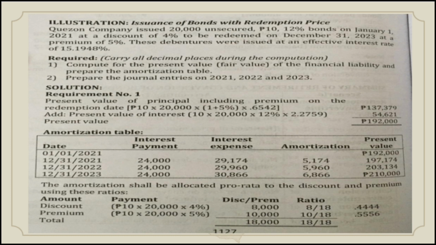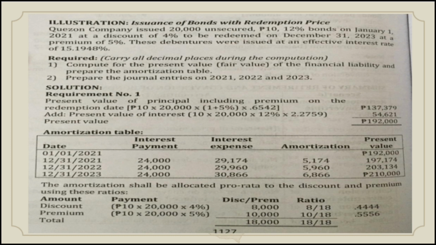So we get 0.6542. So 200,000 times 1 plus 5% times 0.6542 is equal to 137,379 pesos. That is the present value of the principal including premium.